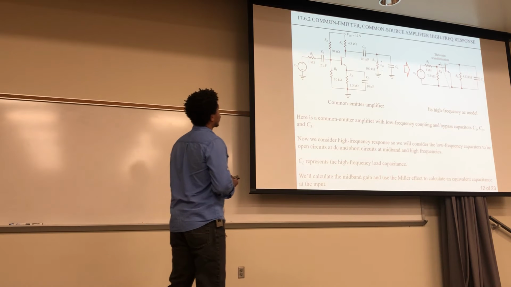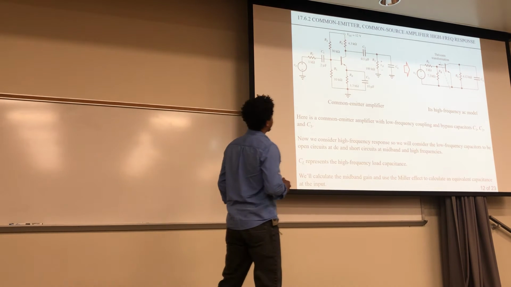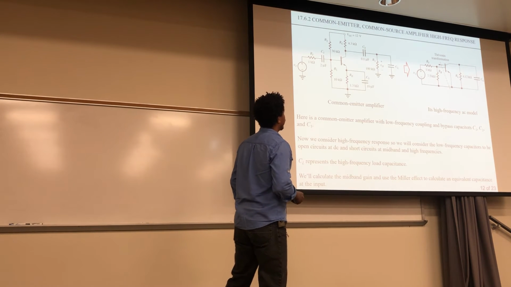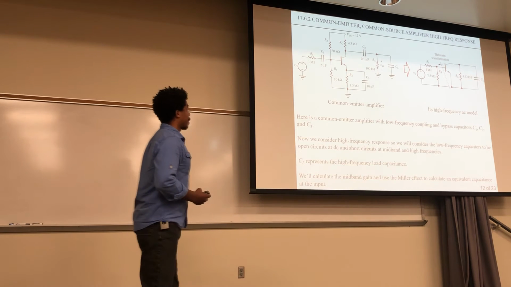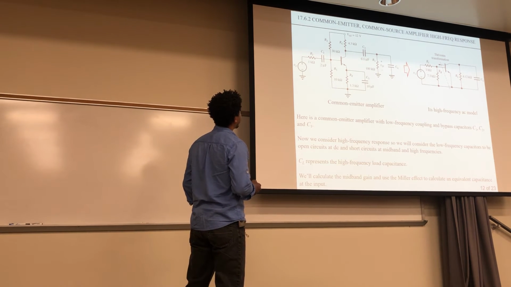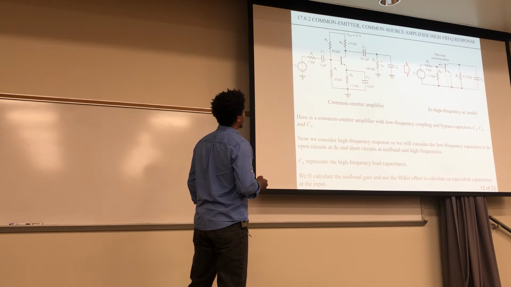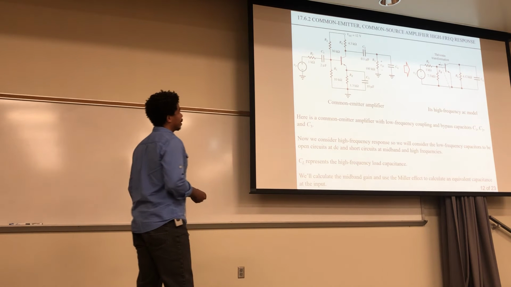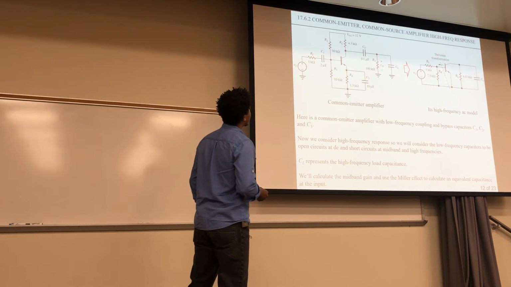Okay, so let's look at common emitter and common source amplifiers and the high frequency response with that. So here's a common emitter amplifier, and we can transform that into its high frequency AC model.